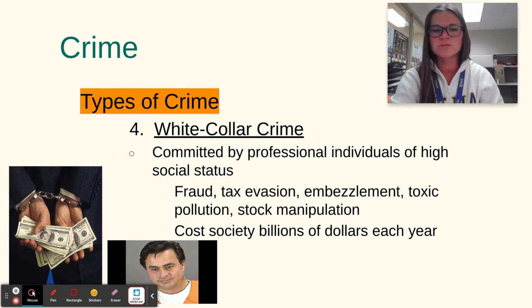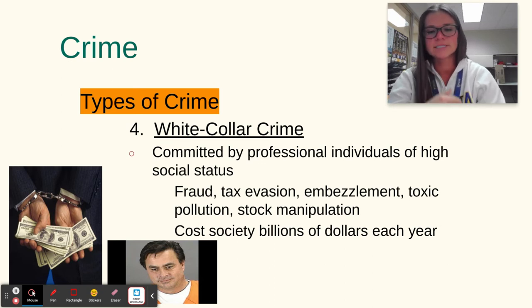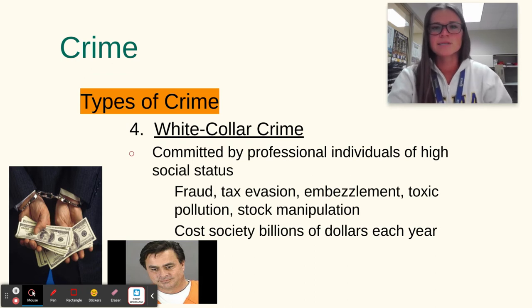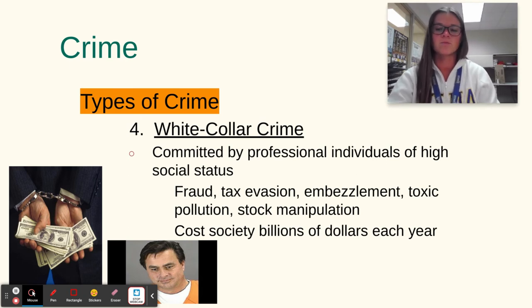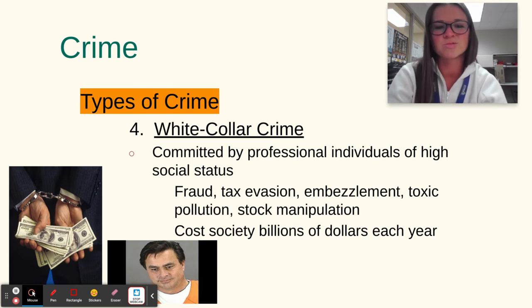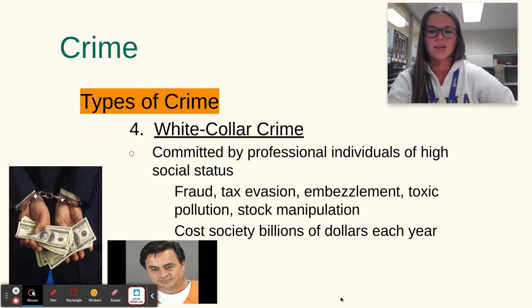Some examples of white collar crime: fraud, tax evasion, embezzlement, toxic pollution, and stock manipulation, and these crimes cost society billions of dollars each year. Ones that we hear about so often in the news would be fraud, tax evasion, and definitely Ponzi schemes.